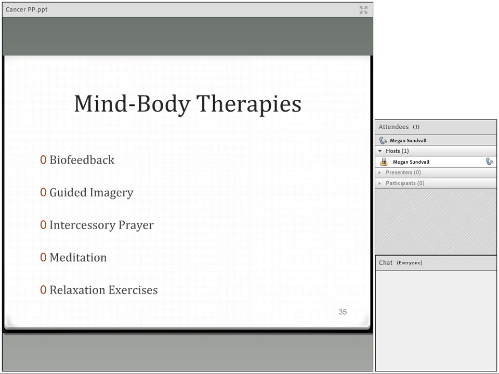So decreasing blood pressure, decreasing heart rate, decreasing pain and things that happen within their body. Guided imagery is the use of relaxation and mental visualization to improve mood and physical well-being. So use of a person's own imagination and thoughts to promote mental and physical health, incorporating the 5 senses to guide the imagery.